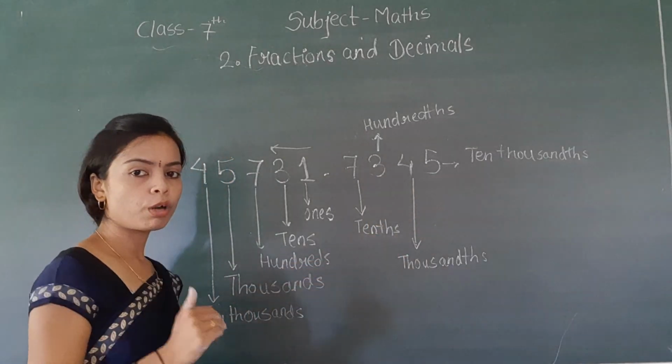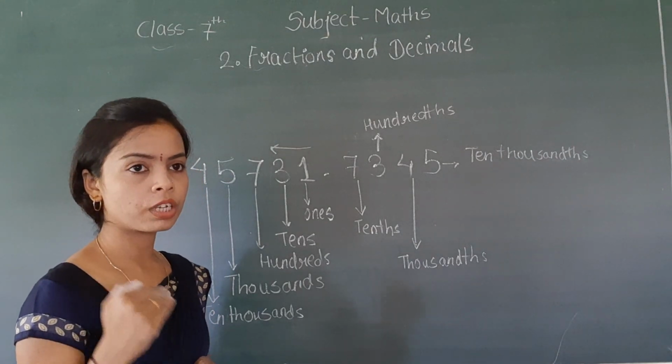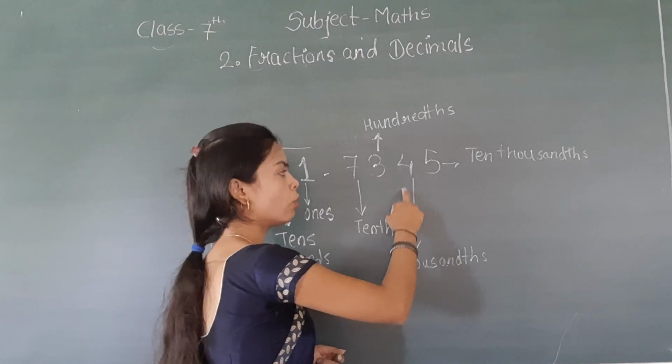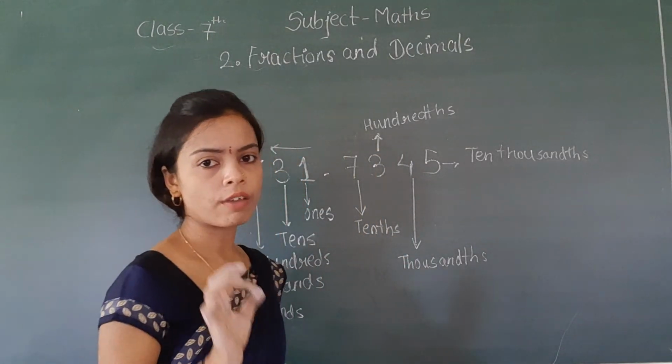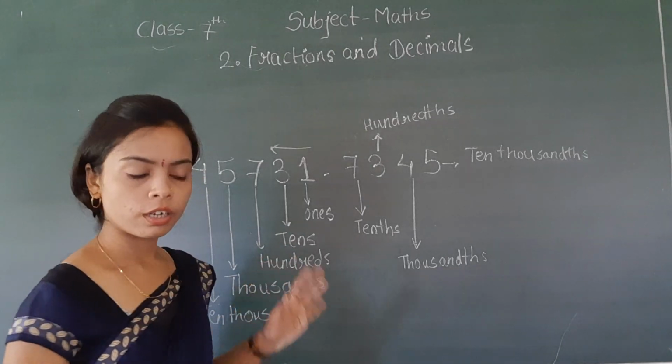That means the digits in the decimal part we read individually: 7 3 4 5. Okay, so this is your reading.